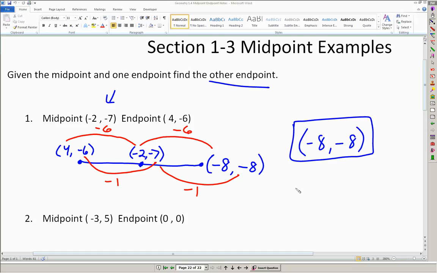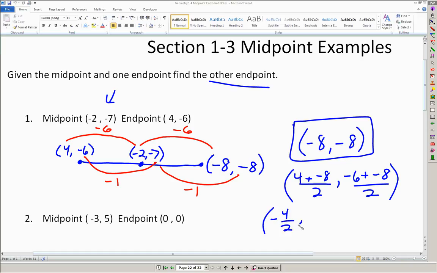So let's see. Midpoint says x plus x and divide by 2, and y plus y, that's -6 plus -8, and divide by 2. 4 plus -8 is -4. -6 plus -8 is -14. -4 halves is -2.